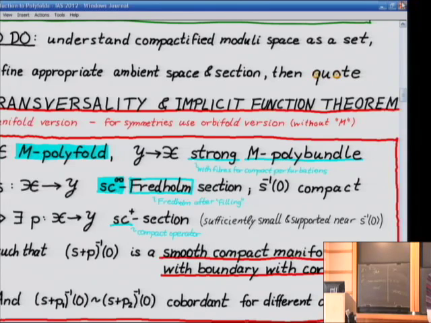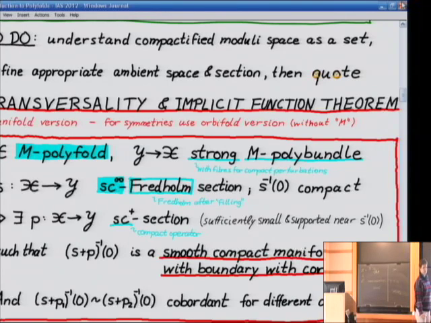Once we've made that ambient space, we can plug it into an abstract regularizer, a package that makes transversality and implicit function theorems and proves also some independence of the choices. So then this is very much like the finite dimensional statement, except there are some new words in it. And my goal for the rest of this talk is to explain some of those new words.